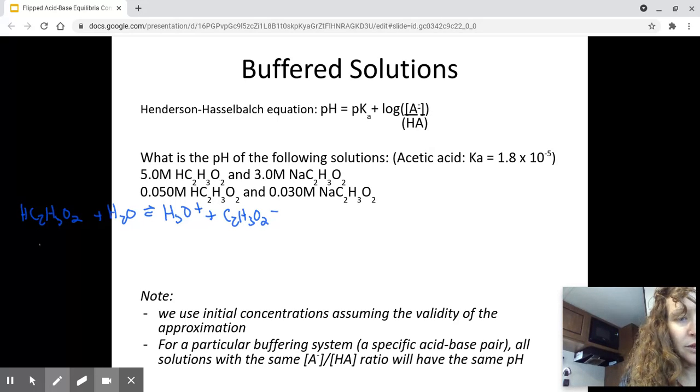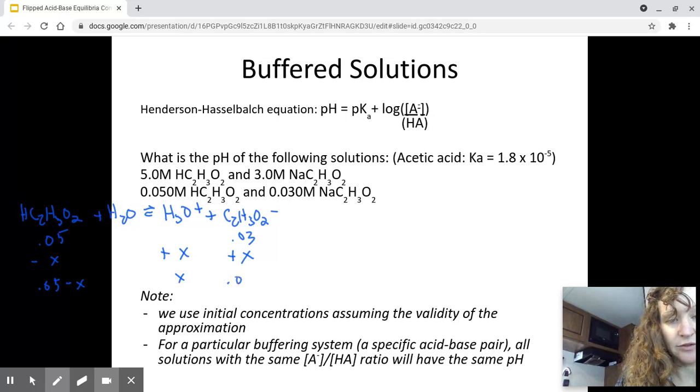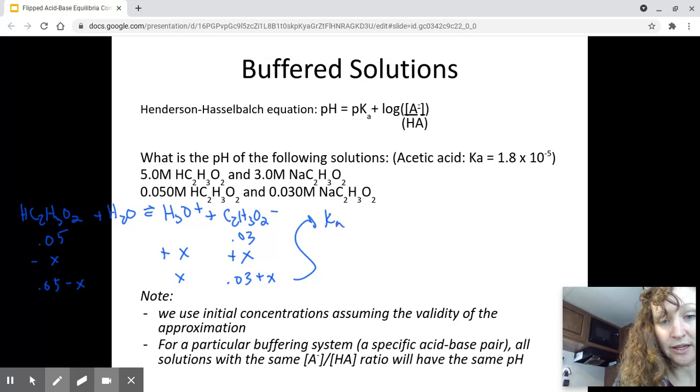And if you are uncomfortable with Henderson-Hasselbalch, remember you don't have to use it. You can find pH the normal way that we have been practicing for the last 2 or 3 chapters, right? And you will get the correct answer.